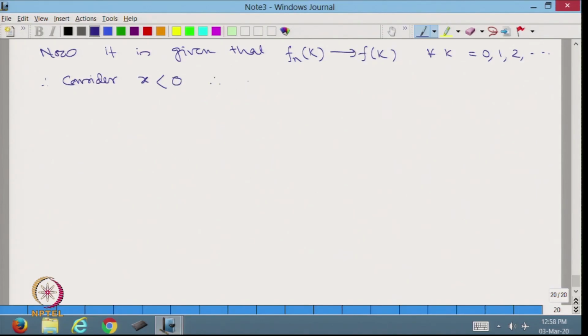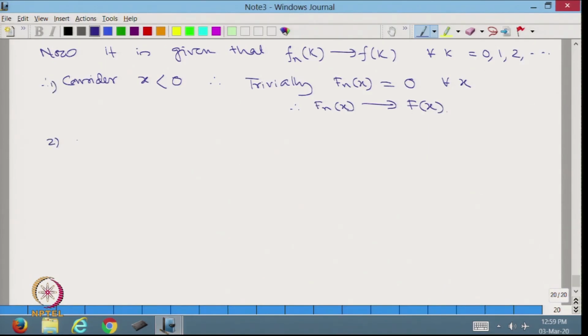Trivially, F_n(x) is equal to 0 for all n. Therefore, F_n(x) converges to F(x).